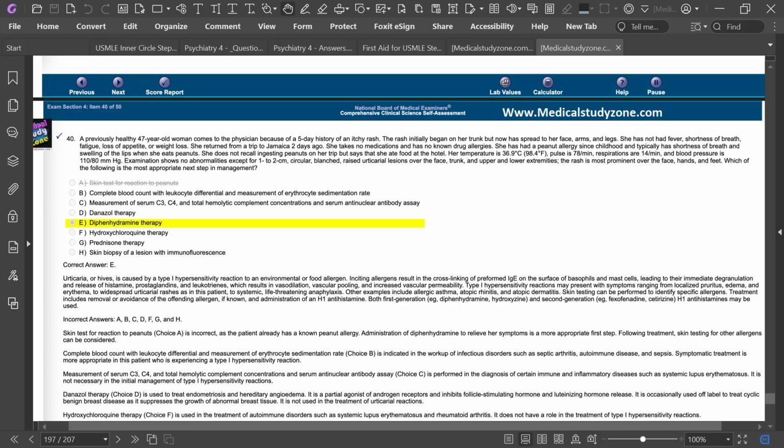Skin testing can be performed to identify the specific allergen. Treatment includes removal or avoidance of the offending allergen if known, and administration of H1 antihistamine. Both first-generation diphenhydramine and hydroxyzine and second-generation fexofenadine and cetirizine H1 antihistamines may be used.